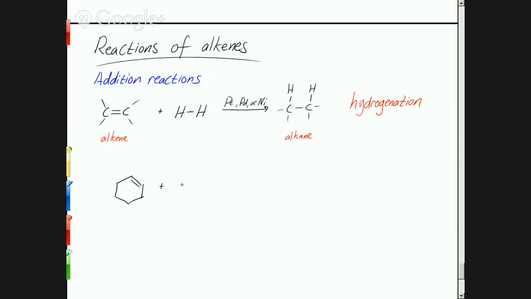And if cyclohexene is hydrogenated in the presence of a nickel catalyst, one hydrogen goes here, one hydrogen goes there. So we could draw that out like this. But remember, in the line structures, we don't usually draw the hydrogens, right? So what we would really draw as a product is just the cyclohexane. So we've turned cyclohexene into cyclohexane.